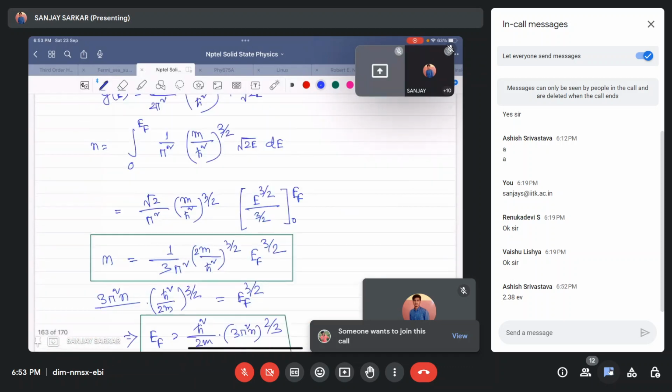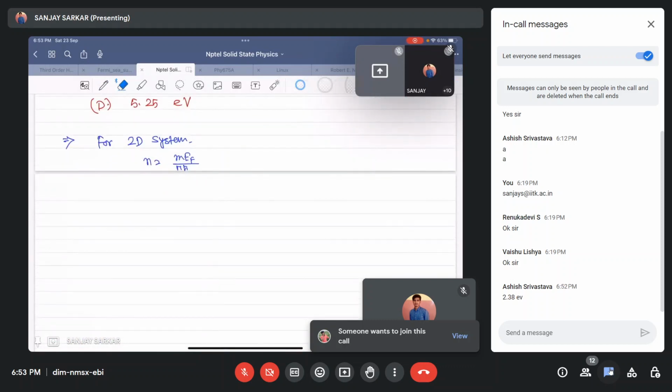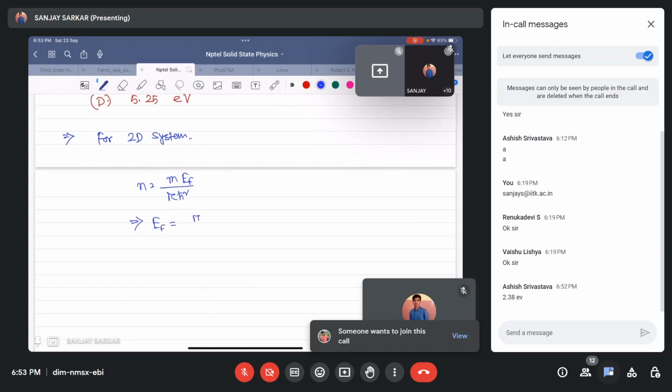Okay. What will be the relation of EF and N? Then EF equal to pi h bar square by m into N.